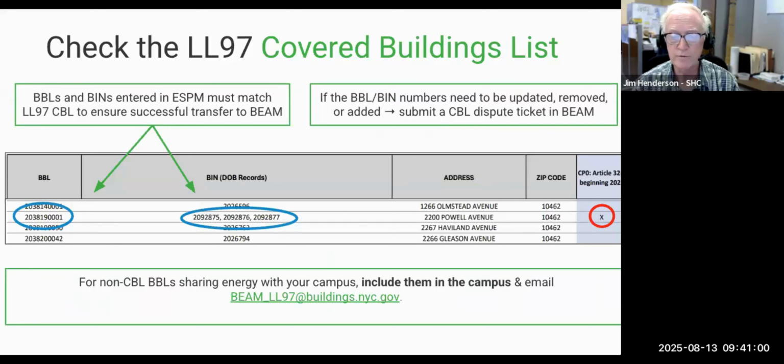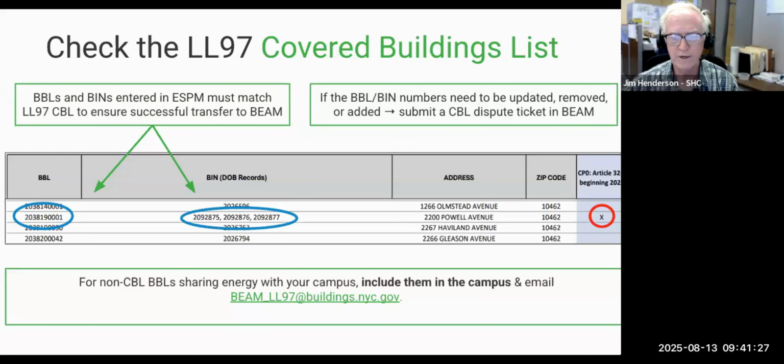One important note: the BBL and the building identification number, or BIN, entered into Portfolio Manager must match the BBL on the Local Law 97 covered buildings list. If you see a difference between the Local Law 84 list and the 97 list, go with the Local Law 97 version. Of course, we'll have links for these two items later today.